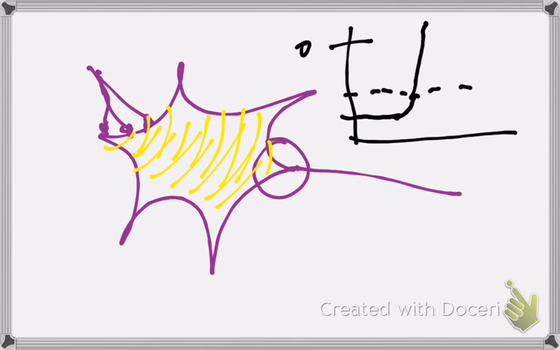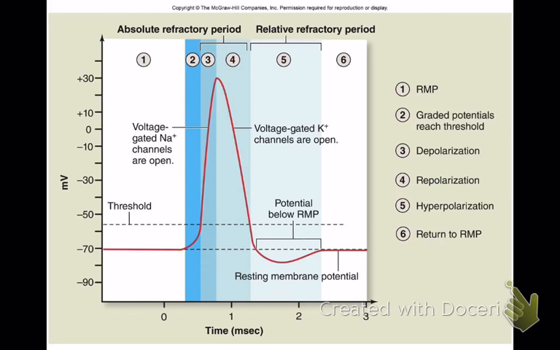Okay, and then what? Sodium gates are going to close. Potassium gates have already probably started opening, but now they're going to fully open, and we're going to repolarize. Does everybody see how simple that is? Piece of cake, right? Okay, so looking again at the graph in your book. So what was our first step?